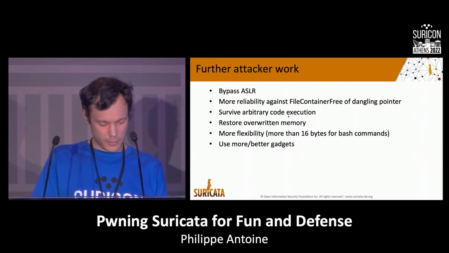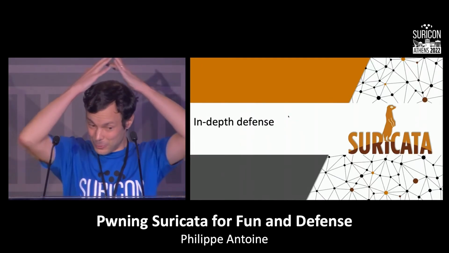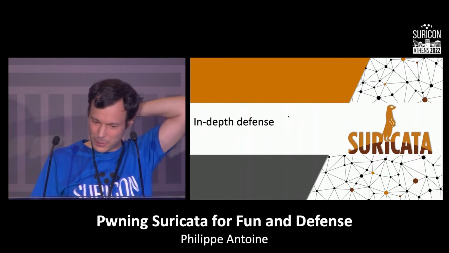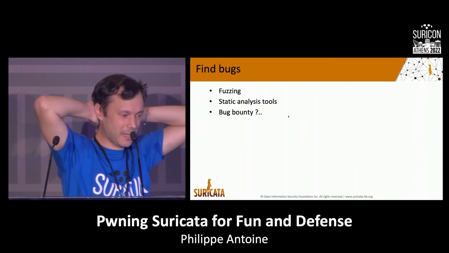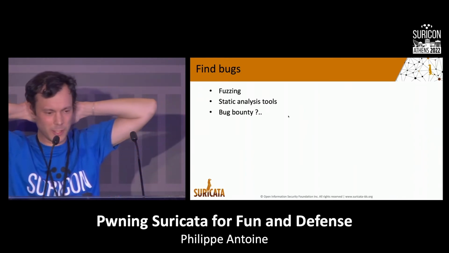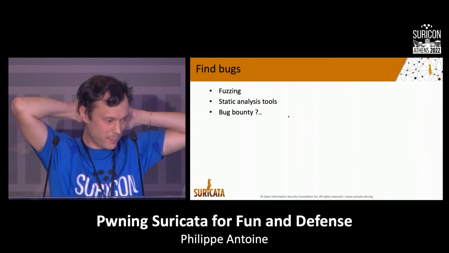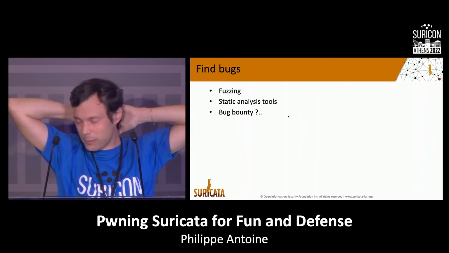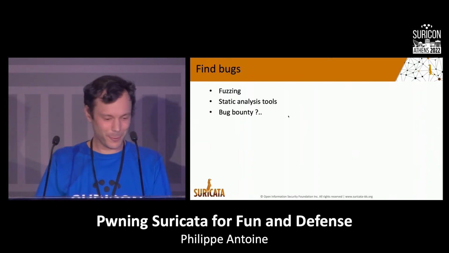Okay, so I've not got so much time left to look for the defense countermeasures, but first I guess is to find these vulnerabilities. So we have fuzzing, we have static analysis tools. If someone wants to fund a bug bounty for Suricata, be welcome for it.